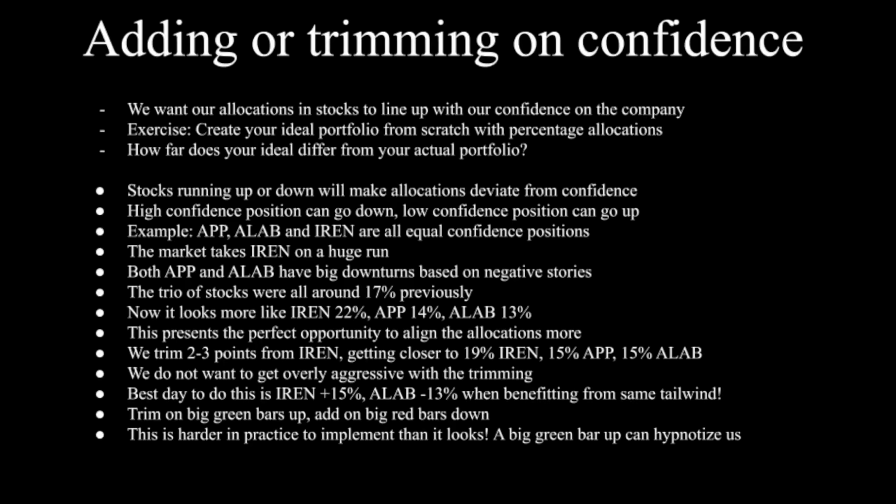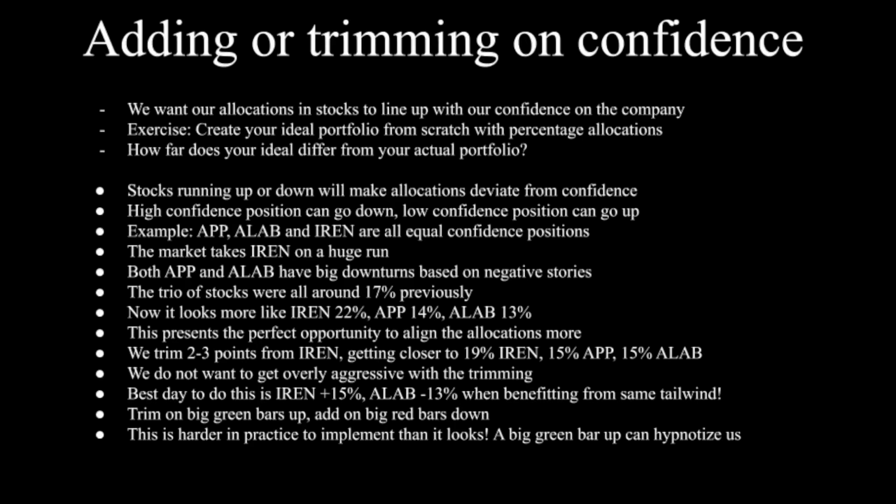We currently have 3 high confidence positions that are all equal in confidence. Those stocks are AppLovin, Astera Labs, and Iron. But recently the market took Iron on a huge run up. Meanwhile, both AppLovin and Astera Labs had big downturns based on negative stories about the companies.